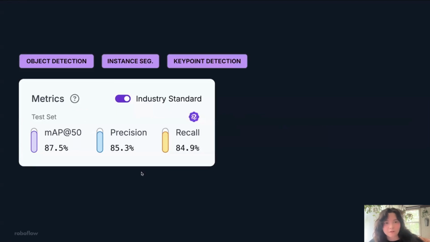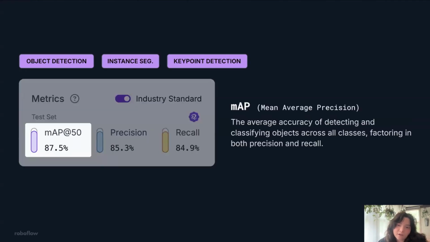The next metrics are the ones we'll be focusing on more particularly, and that's for our object detection, instance segmentation, and our keypoint detection model types. And that's your mAP, precision, and recall. Starting with mAP, just as a little review, I'm sure everyone has seen mAP in our platform and has heard of it and tried to define it at least once, but it's just the average accuracy of detecting and classifying objects across all classes.